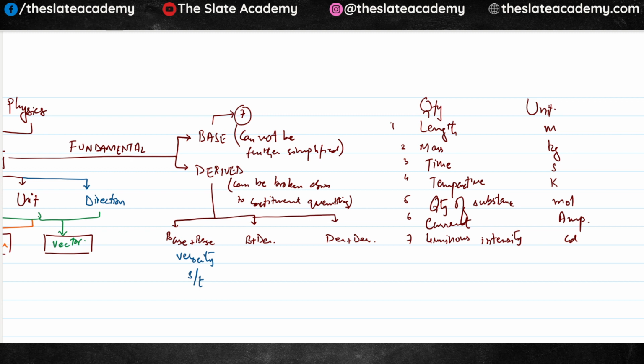Because acceleration is delta v by delta t. So v is a derived quantity, and t is a fundamental quantity, and as you mentioned, momentum. So momentum is mass times velocity. Mass is a fundamental quantity, velocity is a derived quantity. Excellent. Any quantity which is a combination of two or more derived quantities.